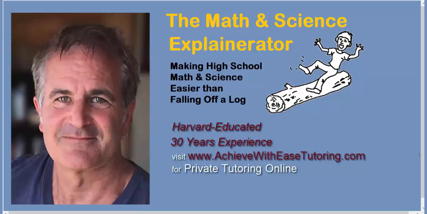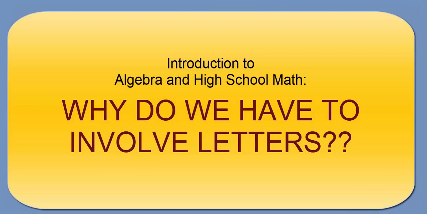All right, so I'm doing this video. Why do we have to start getting letters involved when we get into high school math, algebra, algebra 2, trig, calculus, all that? I want to take some of the mystery out of it, maybe some of the intimidation some people feel when they hit this math that involves letters, because a lot of people feel comfortable with math when it was just numbers, like 6 times 2.